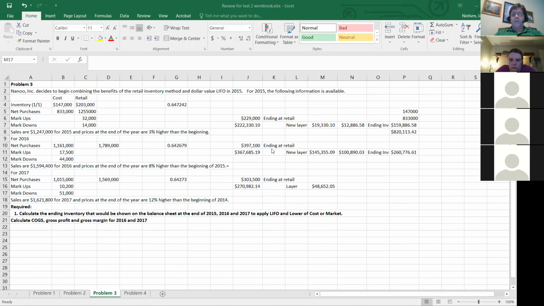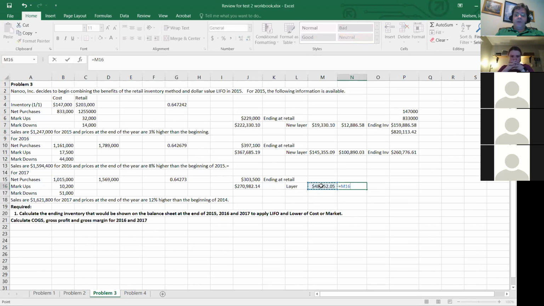In comparison to this. Now, here's the tricky part, okay? This layer is not from 2017, okay? It's actually from 2016, all right? This was a layer that was added in 2016. And so when we multiply here, now remember we have to put the inflation back, and we have to multiply by the cost percentage.